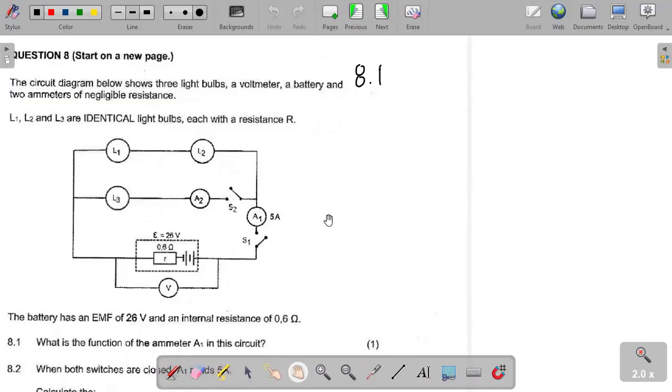They say the circuit diagram below shows 3 light bulbs, a voltmeter, a battery, and 2 ammeters of negligible resistance.